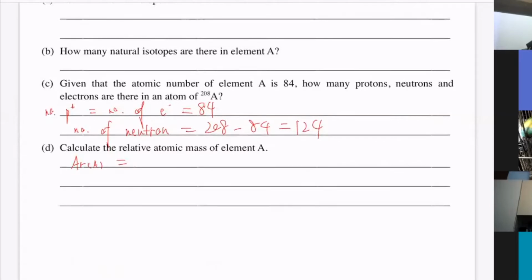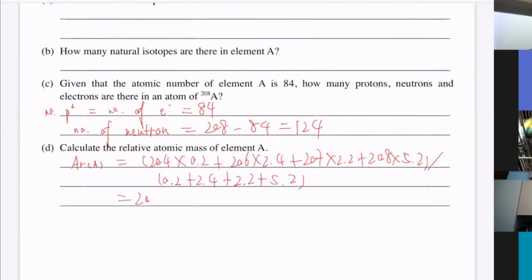The equation would be: you multiply the atomic number with the abundance, and then you add them together, and then divide by the total. Now it will give you 207.22.